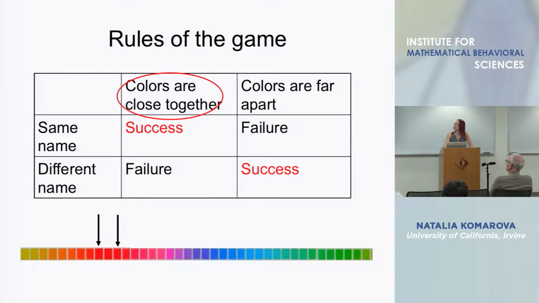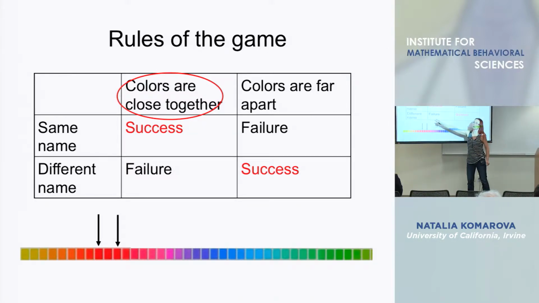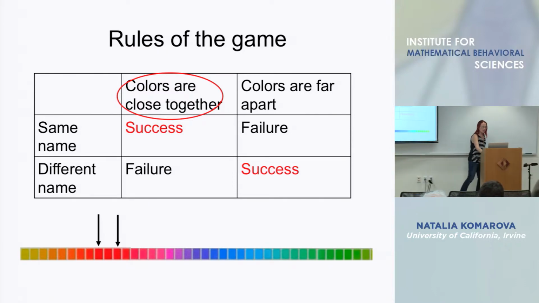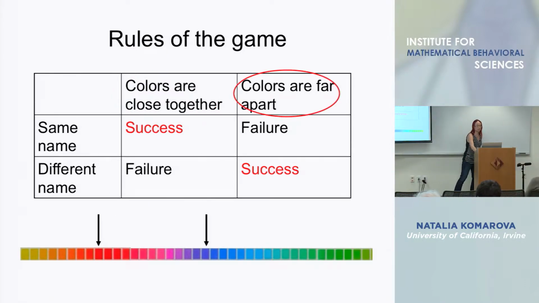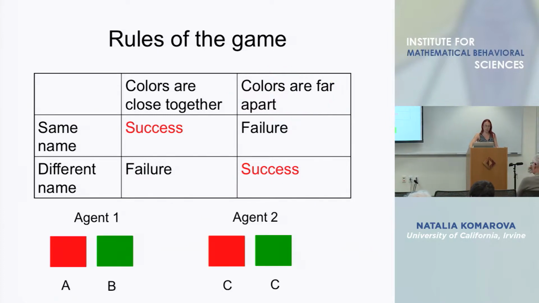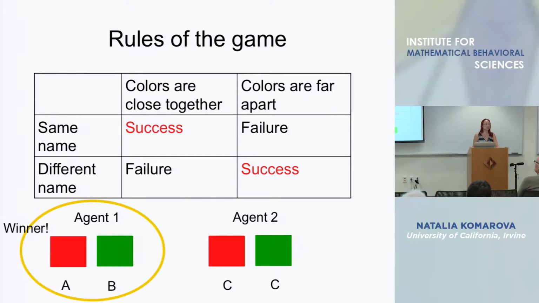If 2 colors are close together, like these 2 examples, then if you name them the same word, your game is successful. And if you name them differently, you fail. And if they're far apart, then for success, you should call them different names. So in this case, agent A called them A and B, and agent 2 called them C and C. And you can see that this guy won because he called 2 different stimuli 2 different names.